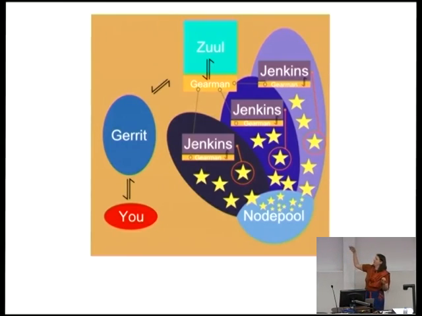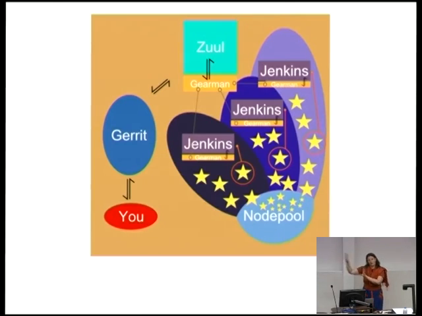And then 24 hours later, node pool goes through its whole session again. Node pool will serve up VMs in reserve for each Jenkins. And so now it does 5. And then when Jenkins actually has an assignment and a job to run, it will go into its reserve, select a VM, attach itself and run the job.